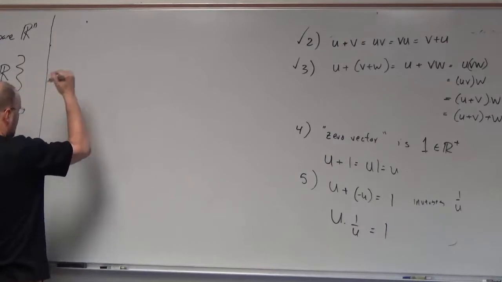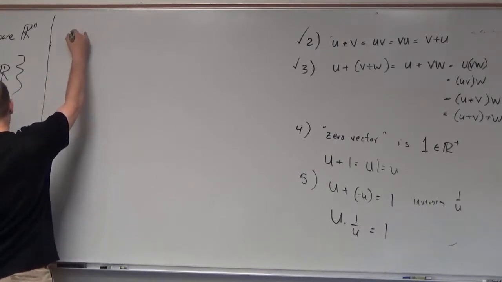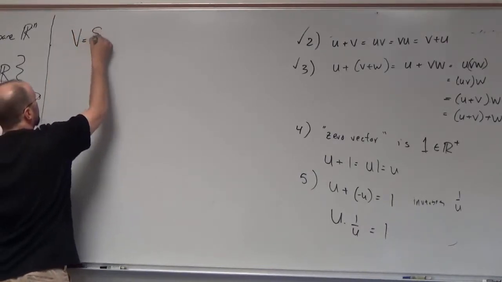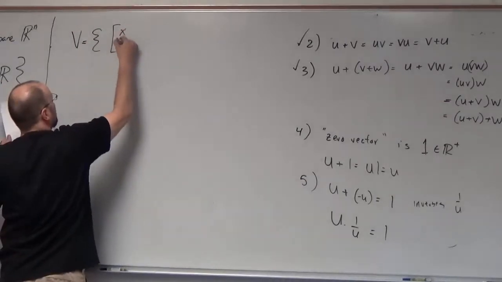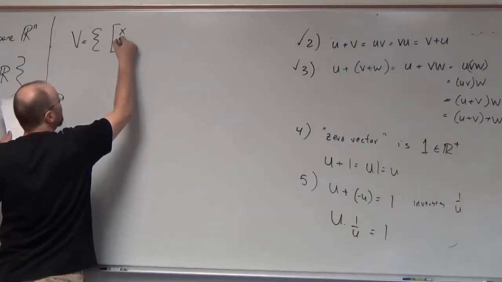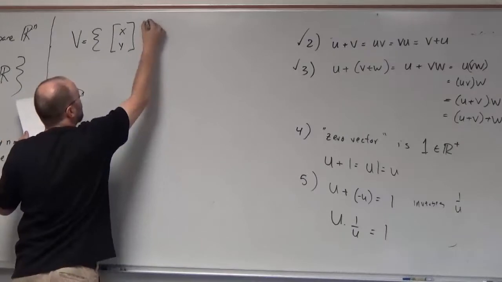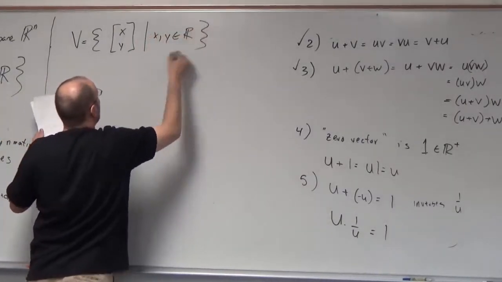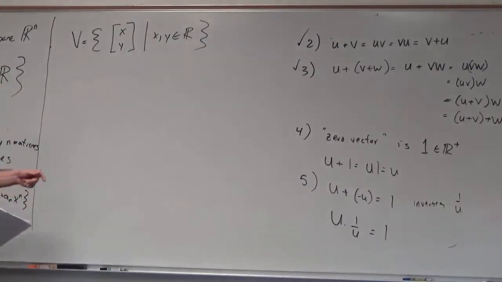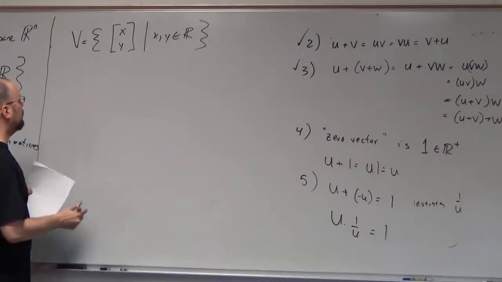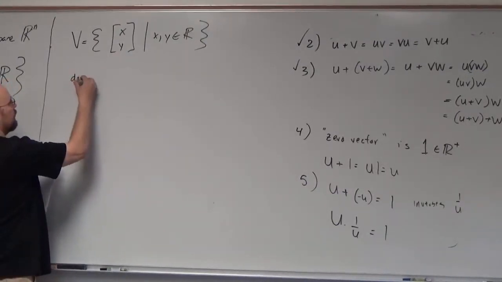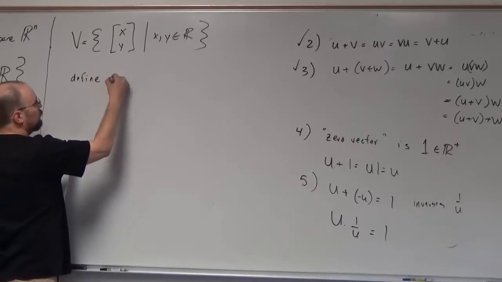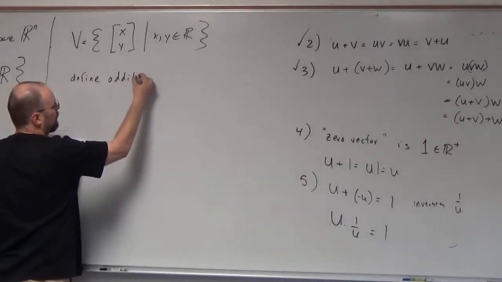Okay, so maybe here's a quick example of something. Our set is the set of, sorry, I shouldn't call them vectors. This is a set of ordered pairs where the entries are real numbers, and we define addition. So this will be quick because this is not a vector space.